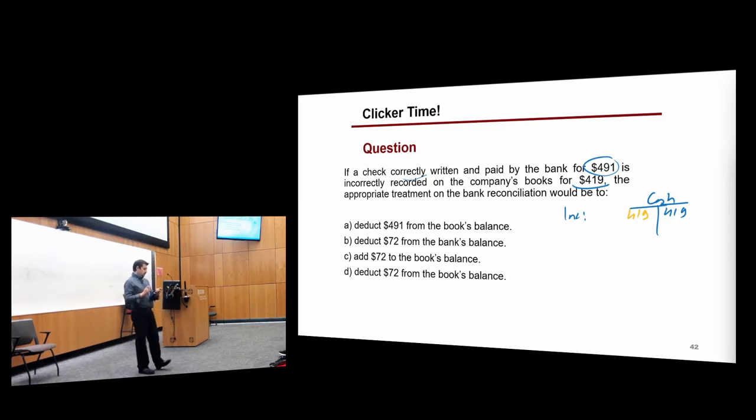You need to get to a balance of how much? A credit of 491, right? So what did you do here? You debited 419, which means plus 419. You credited 491, minus 491. What's the difference? Minus 72. So you subtract 72. That's the easiest way. Okay? Can you guys see it or is it not clear?